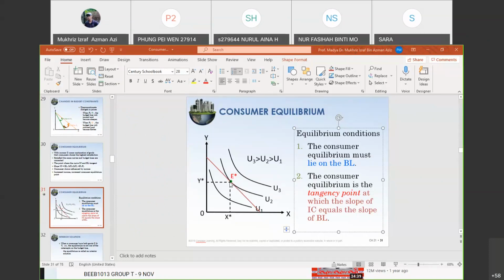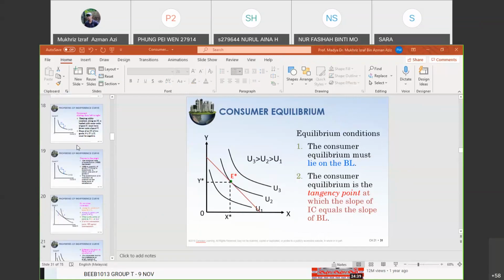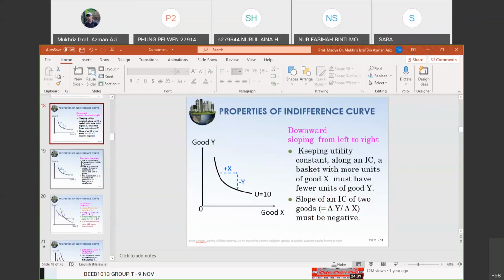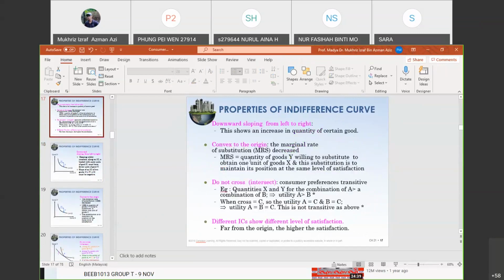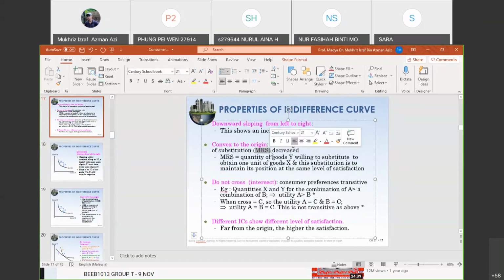point. So what this mathematically means is that the slope of the indifference curve, recall what is the slope of the indifference curve just now? The slope is measured by MRS, or marginal rate of substitution. That is the slope of the indifference curve.